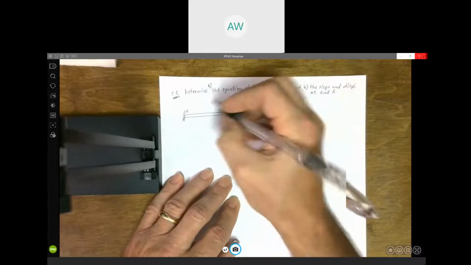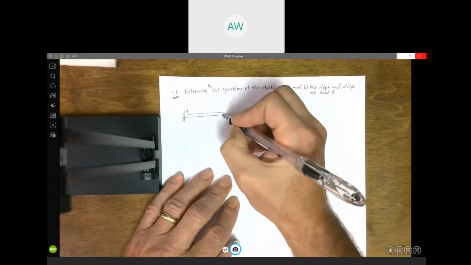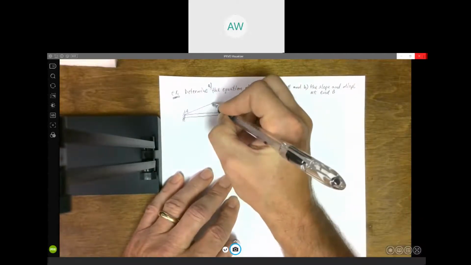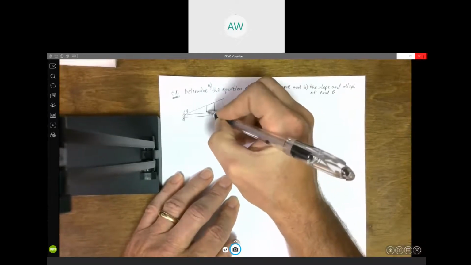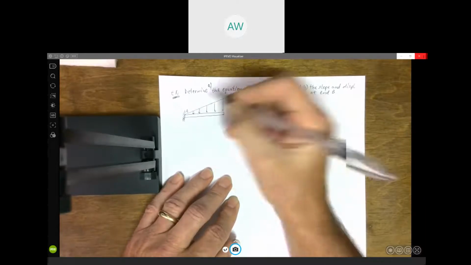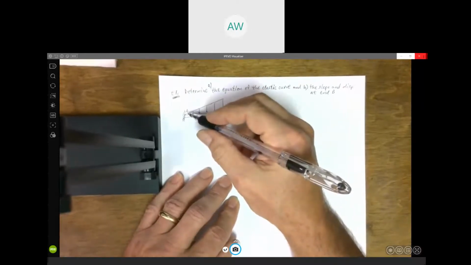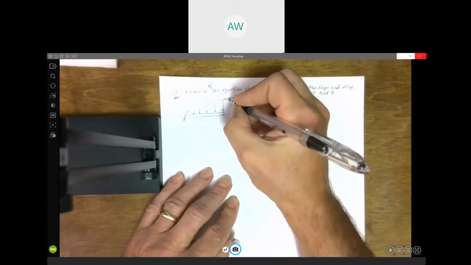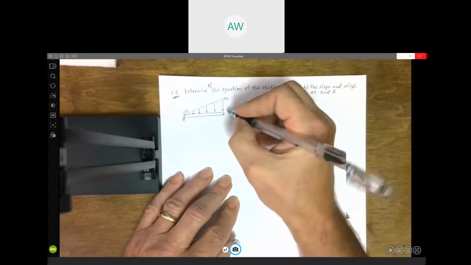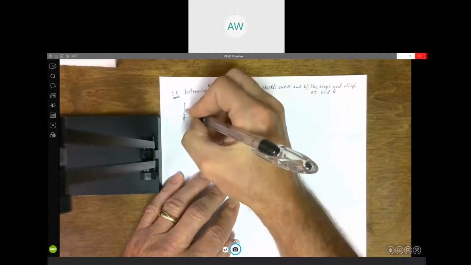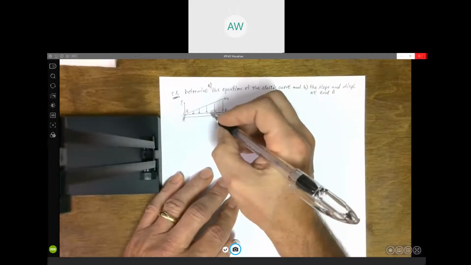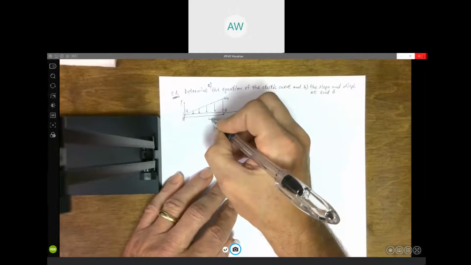This is A, and it's got a linear distributed load. It starts at the left end at 0 and goes up to a magnitude W naught at the end B here. And this beam has some length L.